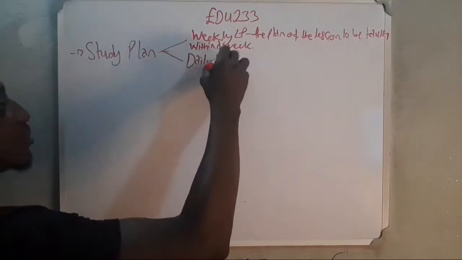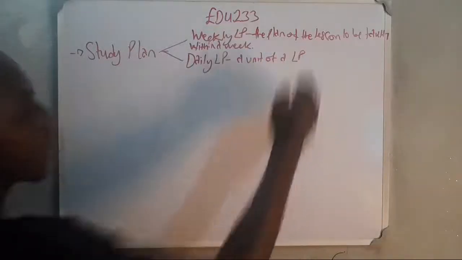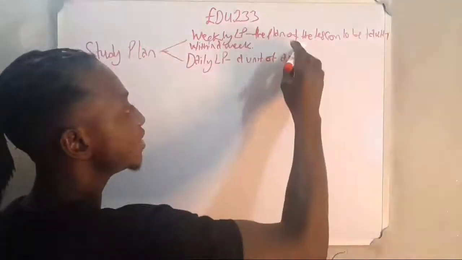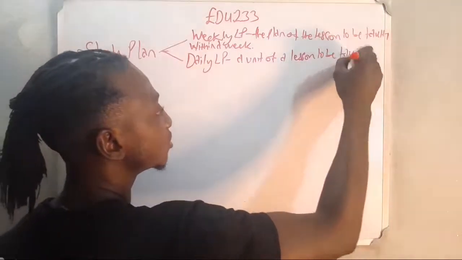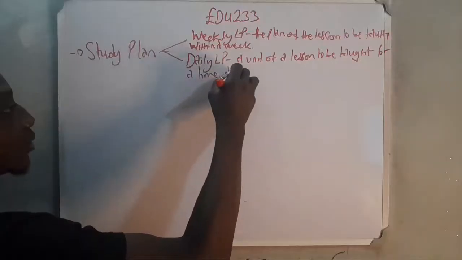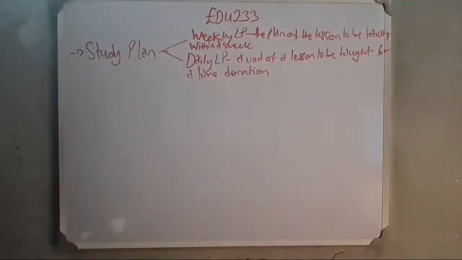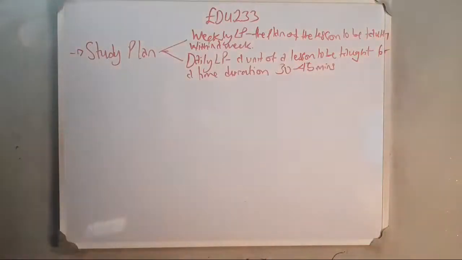A unit of a lesson to be taught for a time duration, which is usually between 30 to 45 minutes. That's for the daily lesson plan.